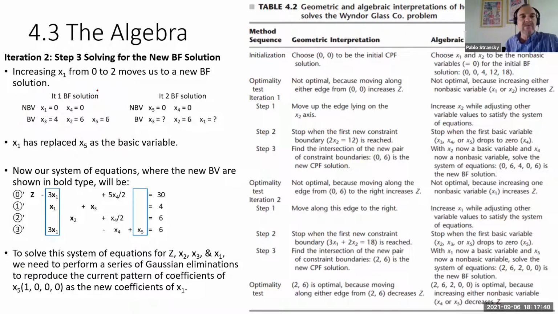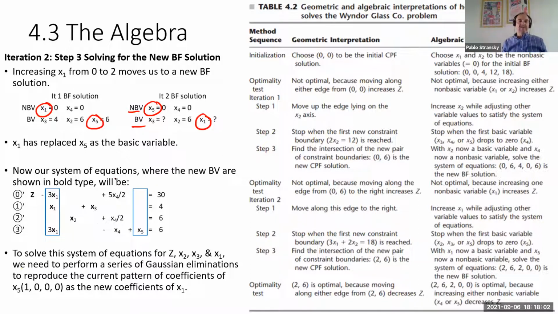What happened here is that this was my leaving and this was my entry. So now in iteration number 2, x5 is a non-basic variable, and x1 became a basic variable. x1 has replaced x5.